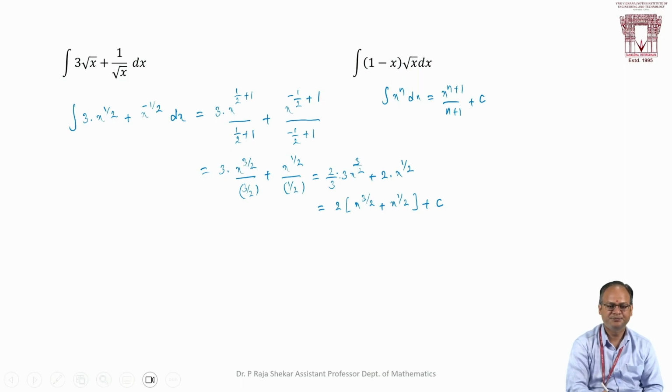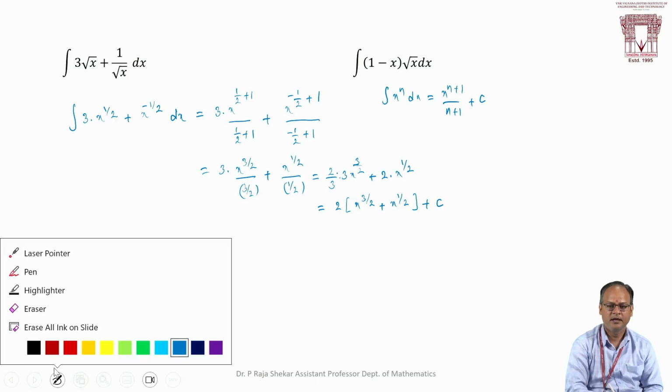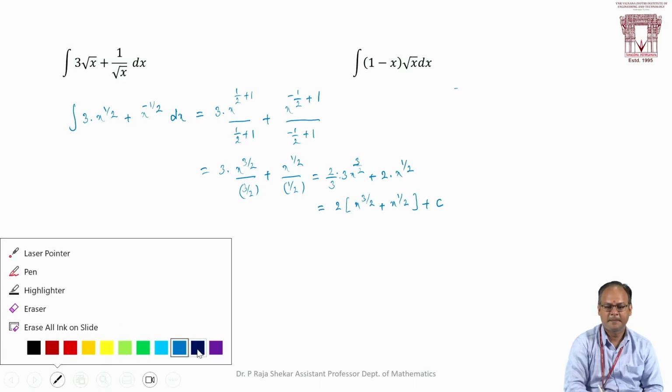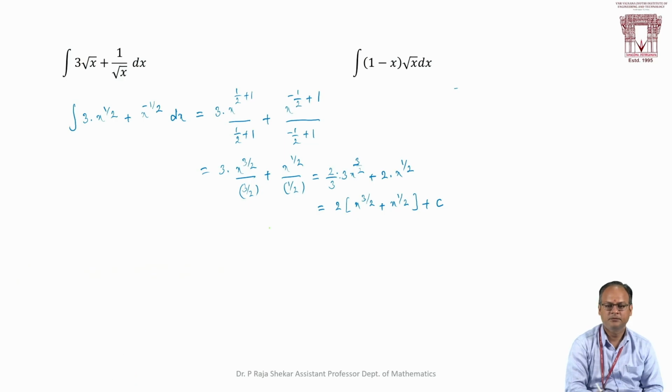One another example. The integrand is 1 minus x into root x. So we can write this as, upon multiplying, 1 into root x minus x into root x.